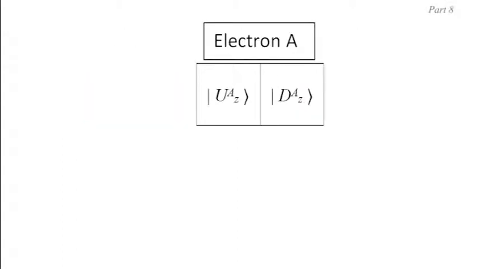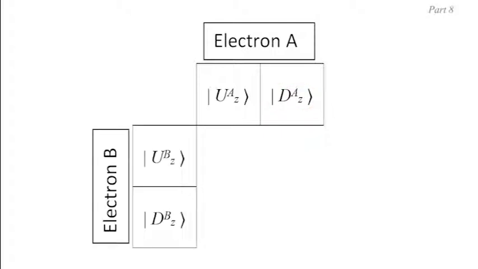Here's a simple representation of the two-dimensional space for the electron A, showing up and down, drawn horizontally here on the screen. And here's a similar representation of the two-dimensional space for the electron B, drawn vertically on the screen. There's electron A with its two states up and down, and there's electron B with its two states up and down.